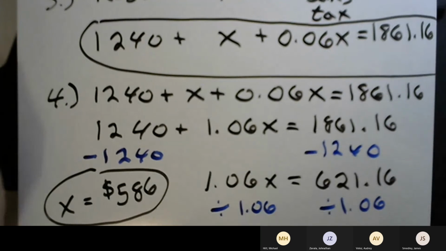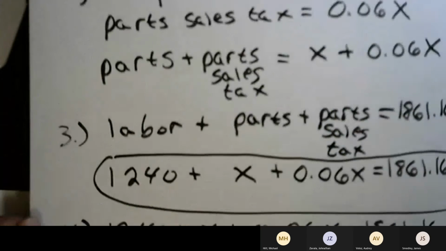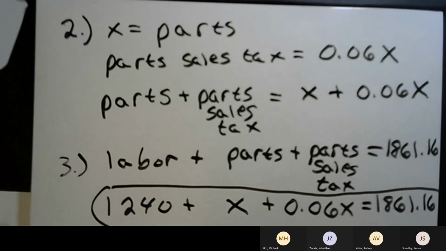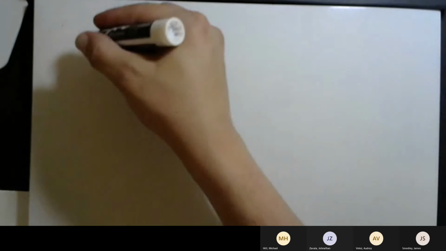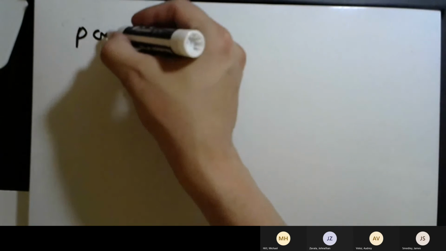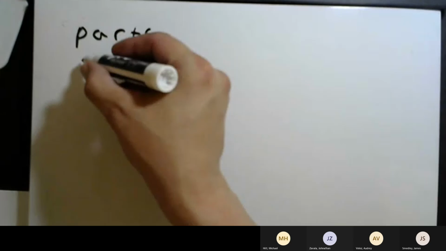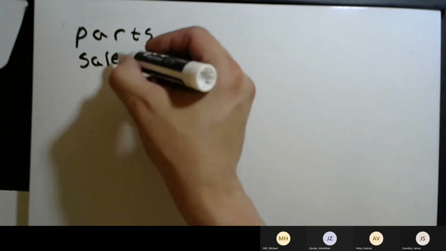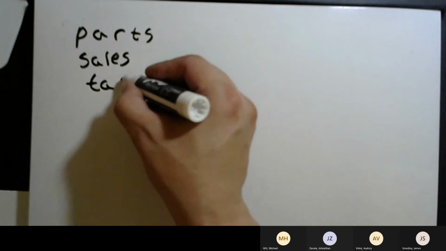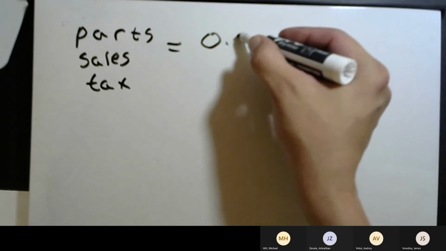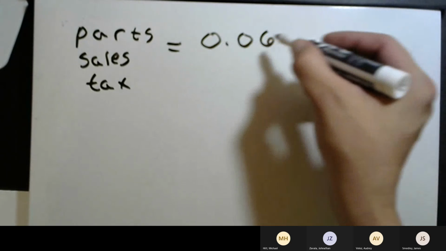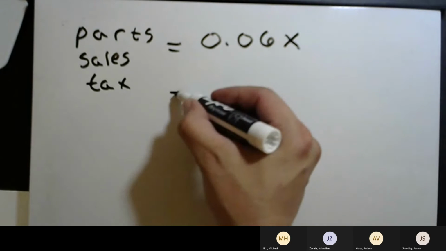All right. So the last step in this problem was going to be 0.06 times x.